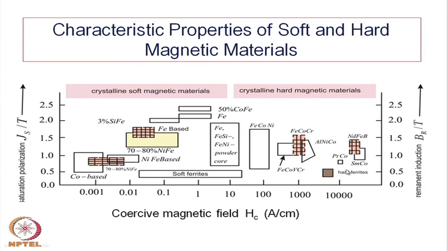Where the ceramic magnets are concerned, these are hard ferrites. This particular area is for the hard ferrites or hexaferrites, such as barium ferrite or strontium ferrite.